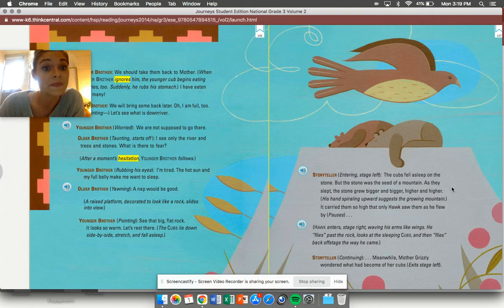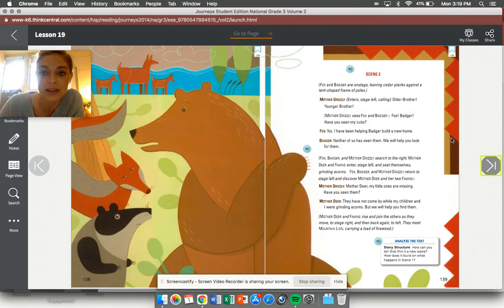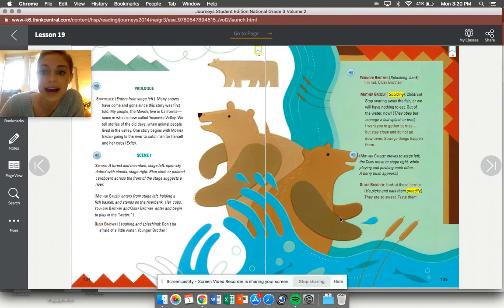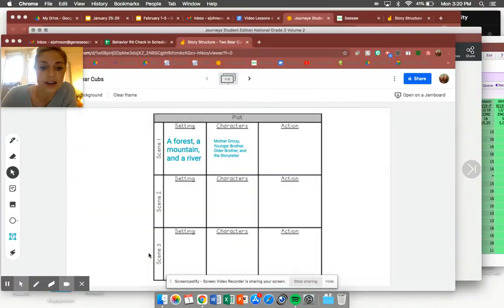So now we have to see, well, what happened in this scene? Because that is the end of scene 1, and I know that because if I flip the page, scene 2 begins. So I have to say what happened in scene 1 for the action.